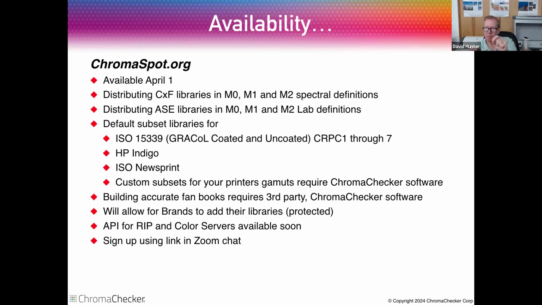We have a mechanism in place where the brand owner has essentially a password, so that should they ever update their brand library, they can do it through their portal into their ChromaSpot. The concept is, we'd like to see all brand companies put their brand colors into the ChromaSpot library, which can be freely distributed to everyone. And ideally, all the RIPs and all the color servers will build the API in to access the library, so they'll always have the right version of the right color at the right time.